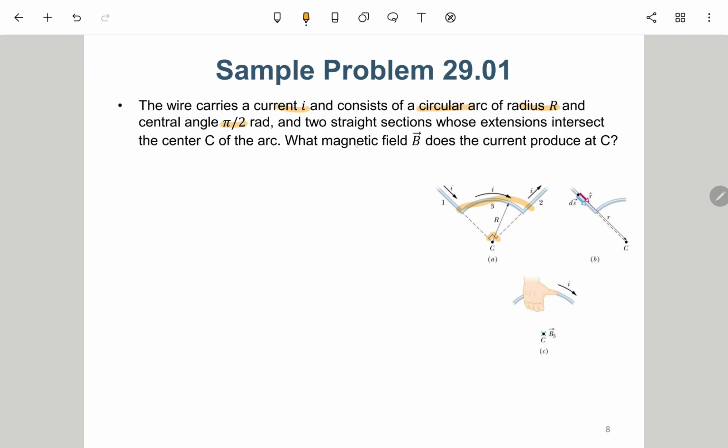What B field does the current produce at C?